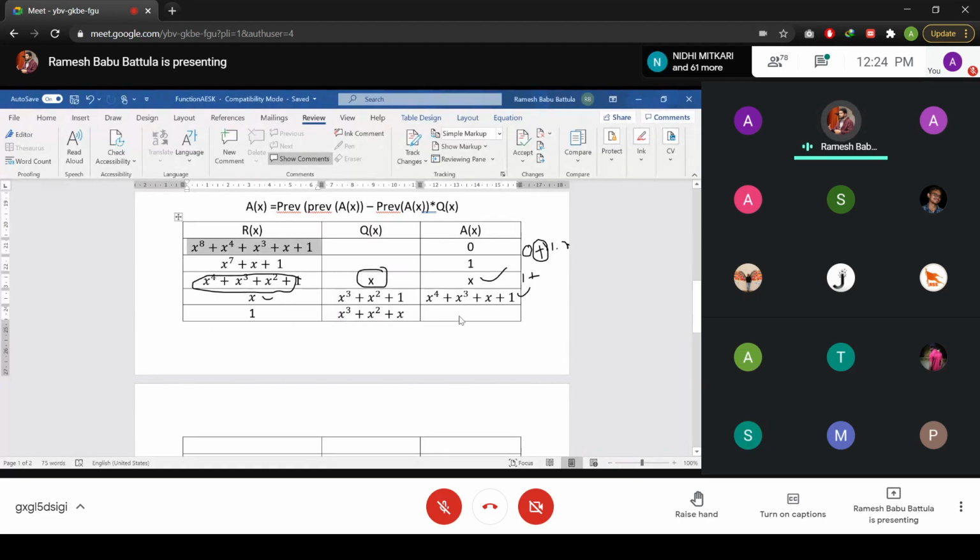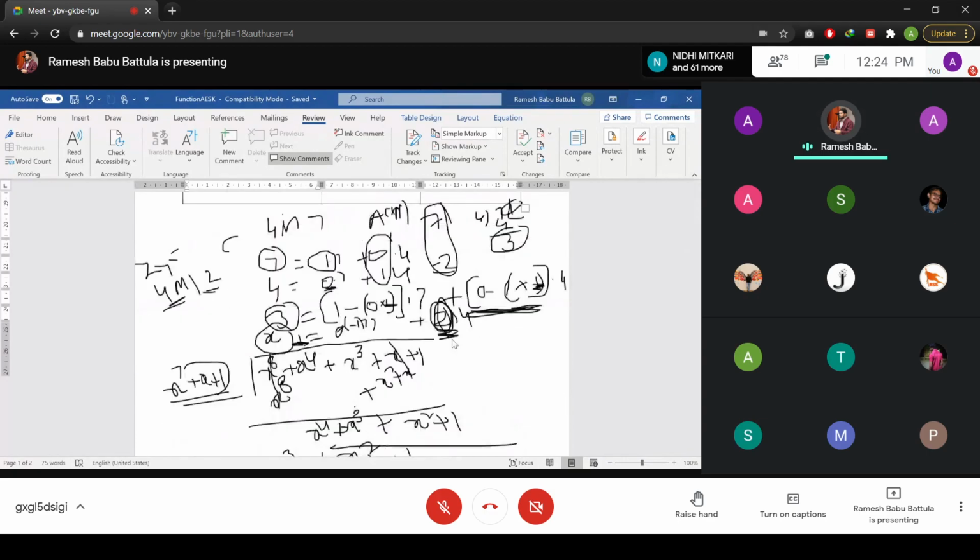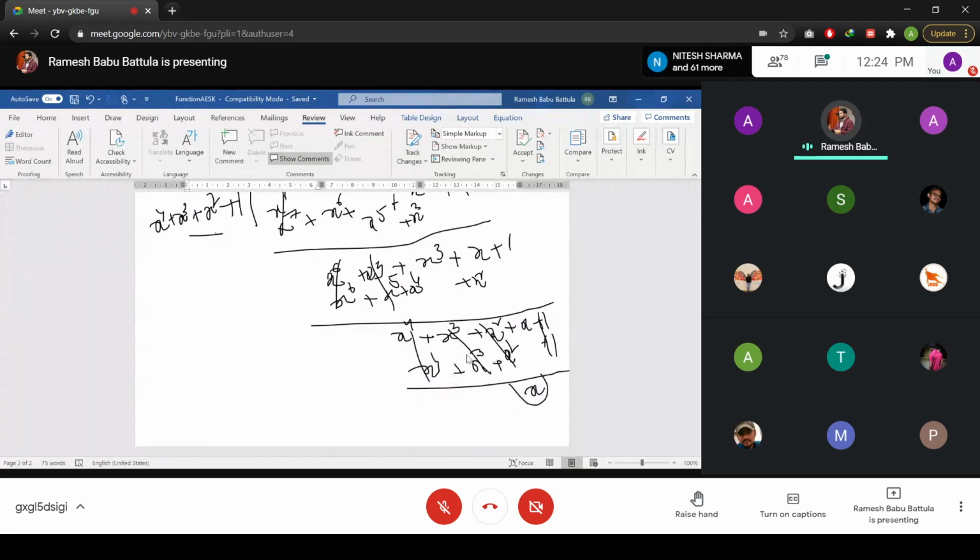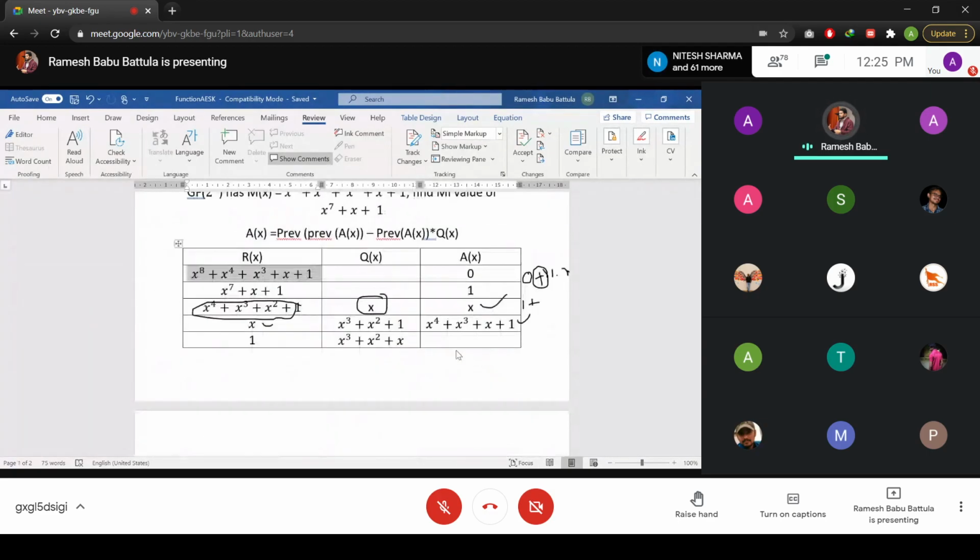Just compute, the same way I made the computations over here, and find the value. That is going to be the multiplicative inverse value for this one. Why? Because whenever you get 1 over here, you stop the process and the corresponding auxiliary value is going to be the MI value.